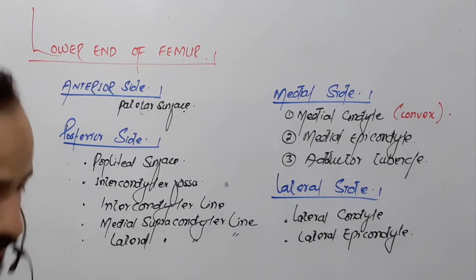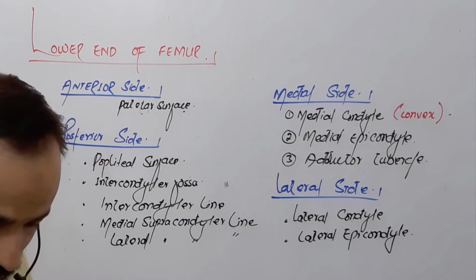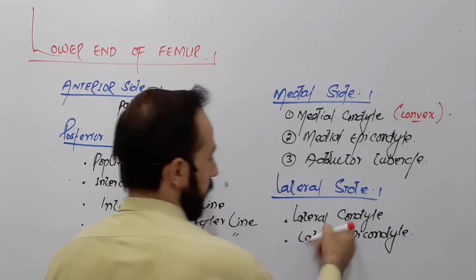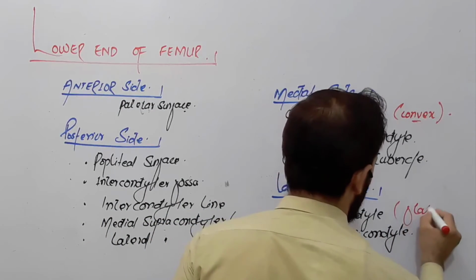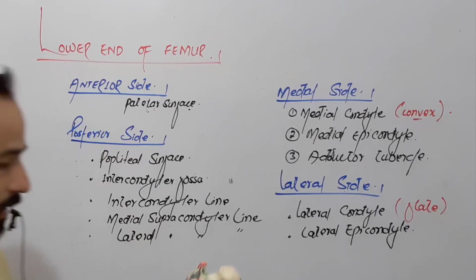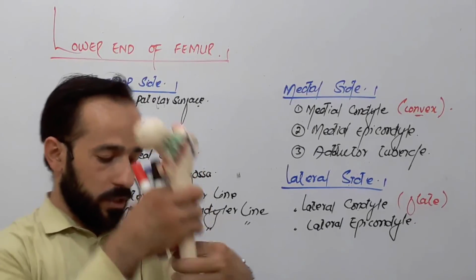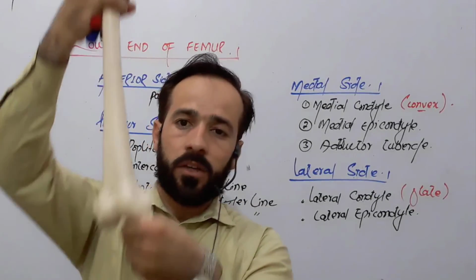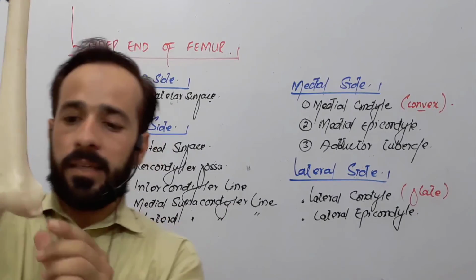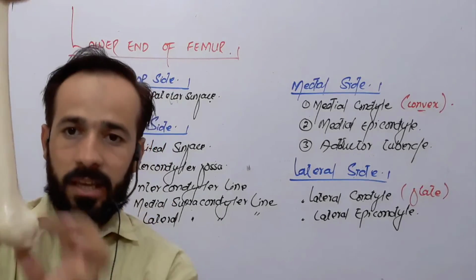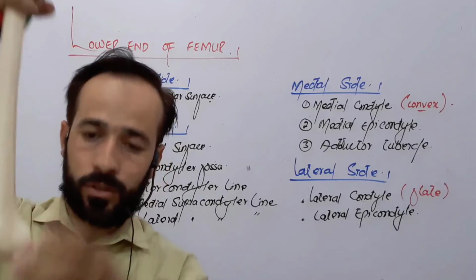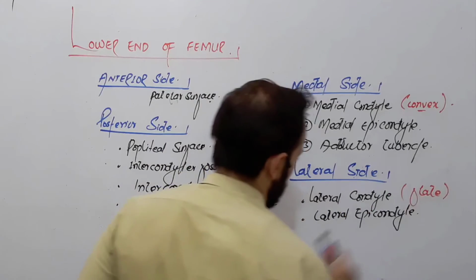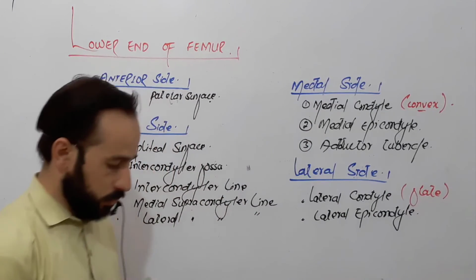Okay, then this medial condyle was convex, but the lateral condyle is a little bit flat, right? And we say that more weight of our body is transmitted to the leg by this lateral condyle, right? So this lateral condyle is a little bit flat, and it transmits more weight of your body to the leg, right friends? So we say that lateral condyle is flat and there is a lateral epicondyle, right?